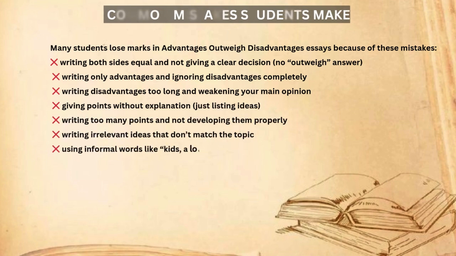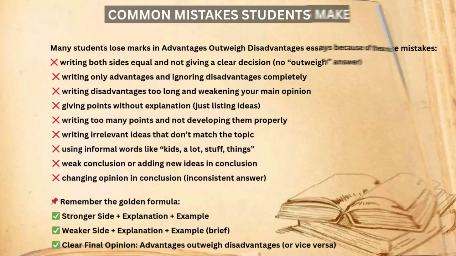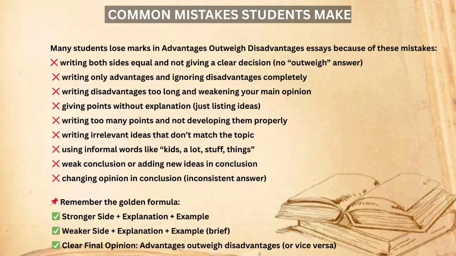Now, before we finish, let's quickly discuss common mistakes students make. Many students lose marks because they write both sides equally and don't give a clear decision. Some students write only advantages and ignore disadvantages completely. Others write disadvantages too long and weaken their main opinion.